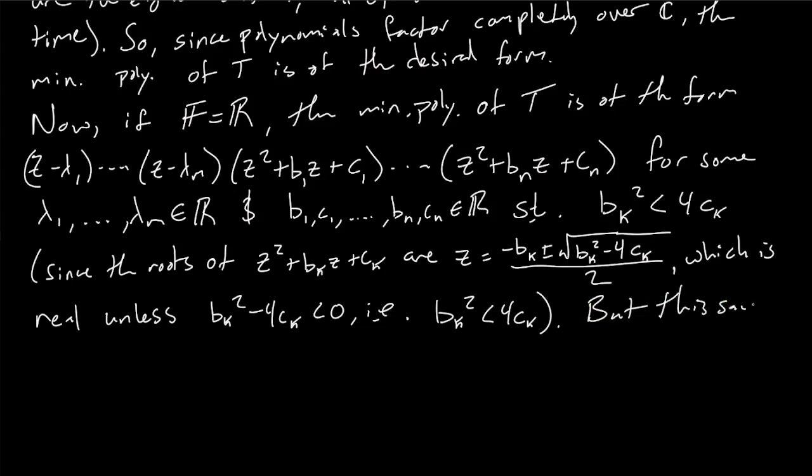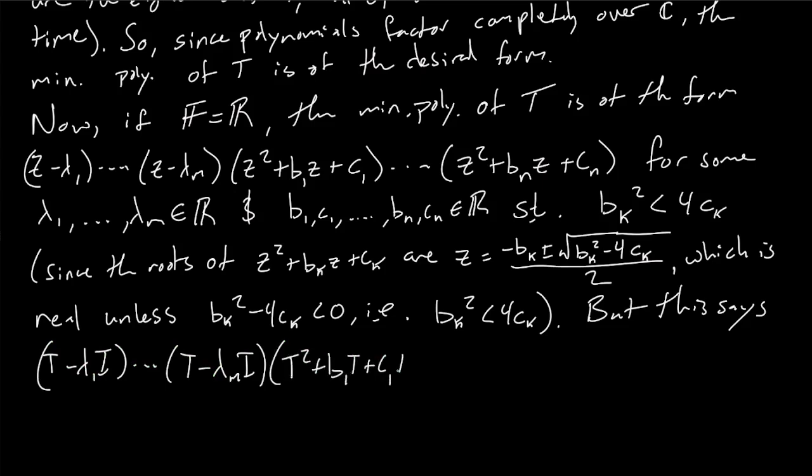this says, just write it out, T minus lambda 1 I through dot dot dot all the way to T minus lambda m I times T squared plus b1 T plus c1 I dot dot dot all the way down through T squared plus bn T plus cn I is the 0 operator.